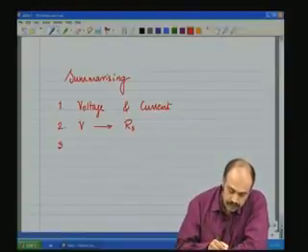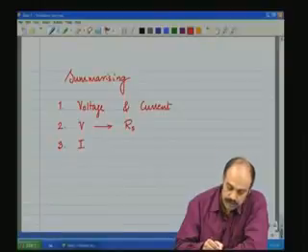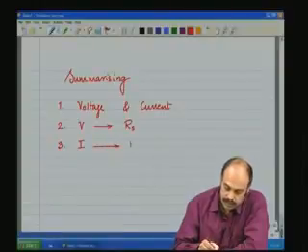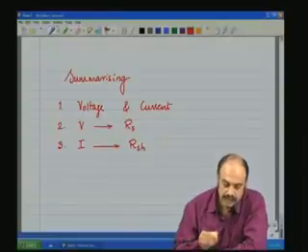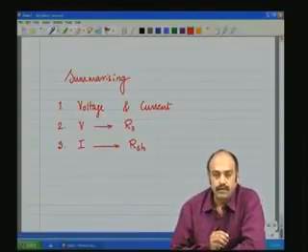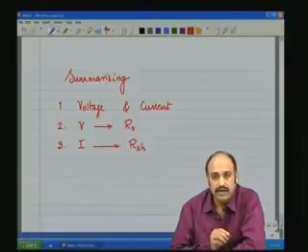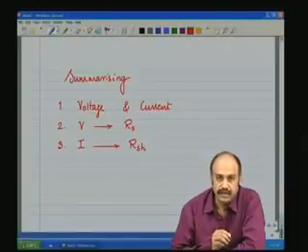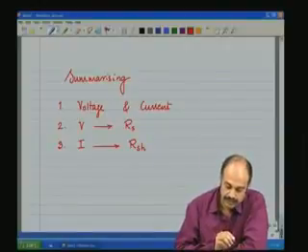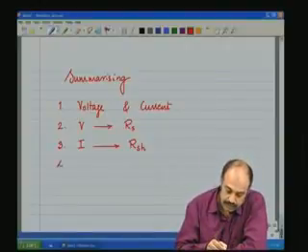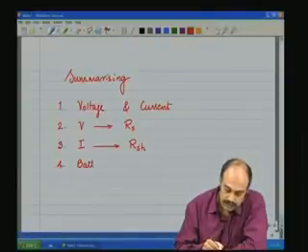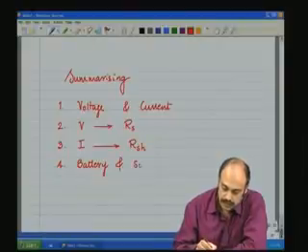The current source has a non-ideality R shunt. R shunt is supposed to be infinite in the ideal case, but it is some large finite value in the practical case. And then we saw a few real world sources, that is the battery and the solar cell.